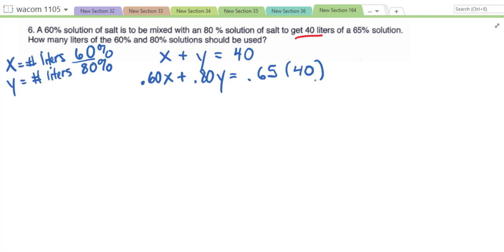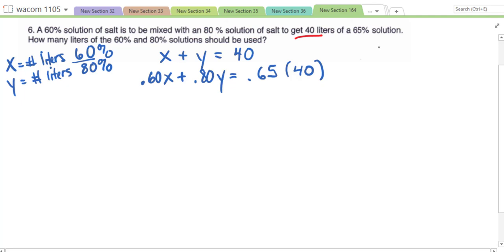All right. From here, you have a system of equations. Just kind of a pain because you have to decide what you want to do with the decimals. So I'm going to clear the decimals here. You can choose to clear them or you can choose to leave them in. That is totally up to you. If you choose to clear them, you should multiply by 100 because your longest decimal has 2 digits after the decimal.